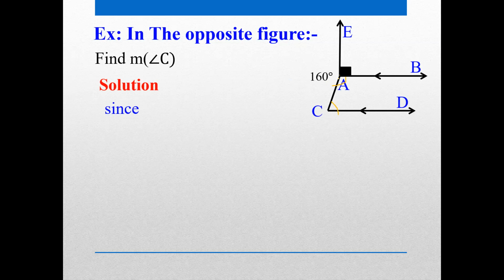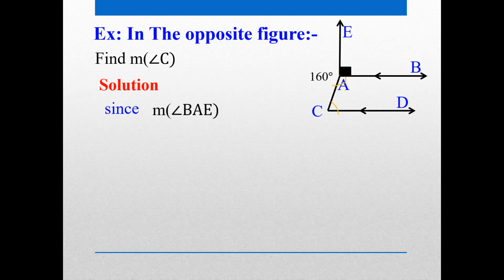We have accumulative angles, where angle EAB plus angle EAC plus angle BAC equals 360 degrees. Why accumulative angles?